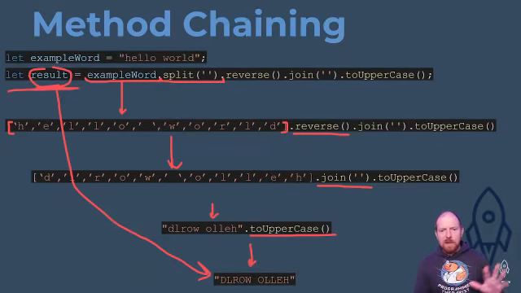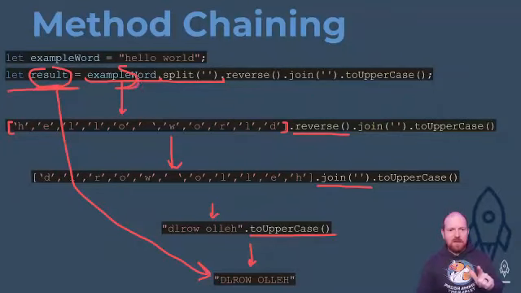The other thing that's hard to explain here without typing it is that each of these matters based on what method they come from. For instance, the data type. That is the biggest thing that you need to look at. Example word, I'm just going to talk through this, is a string. So I'm going to put a big S here for string. The split method has to be on a string. You can't do a split method on an array. It doesn't work like this whenever you do it on an array.